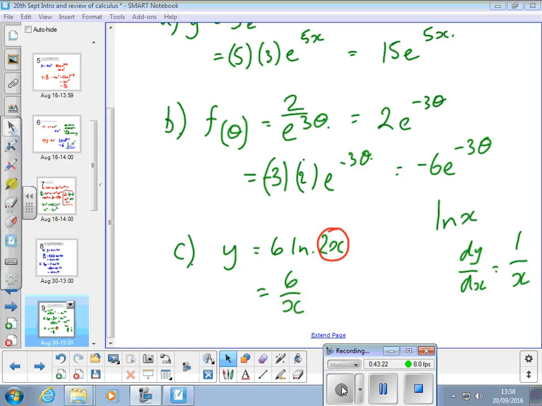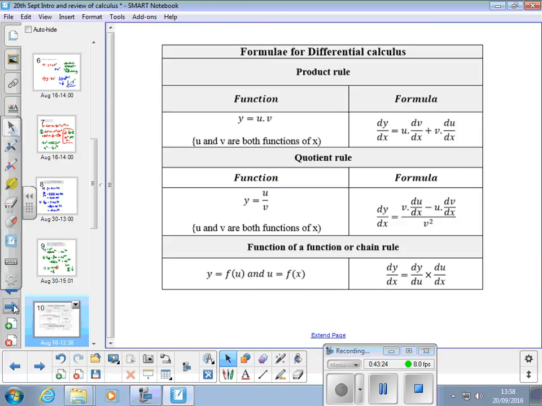Right, going on, hopefully you touched on these with Mr. Jackson in your first maths, but we need to be able to use some rules when we have functions that are multiplied by each other. So a function u times another function v, where both of them are functions of x.